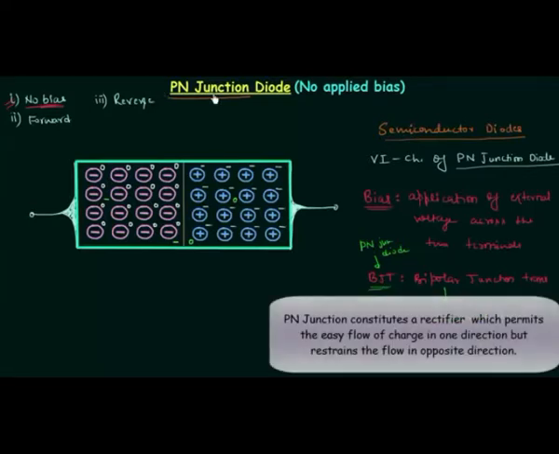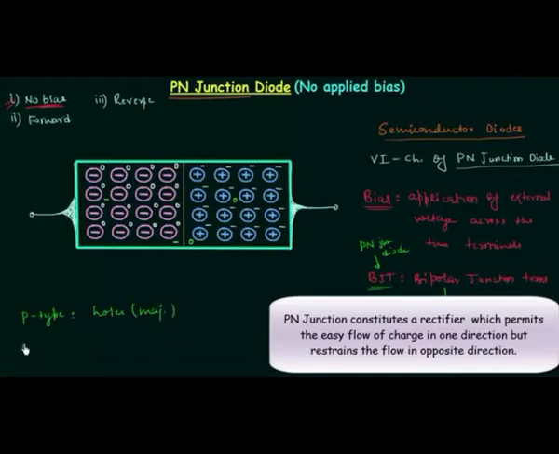We already know what is P-type and N-type semiconductor. In case of P-type semiconductor, we add trivalent impurities, and because of this, we have holes as the majority charge carriers.